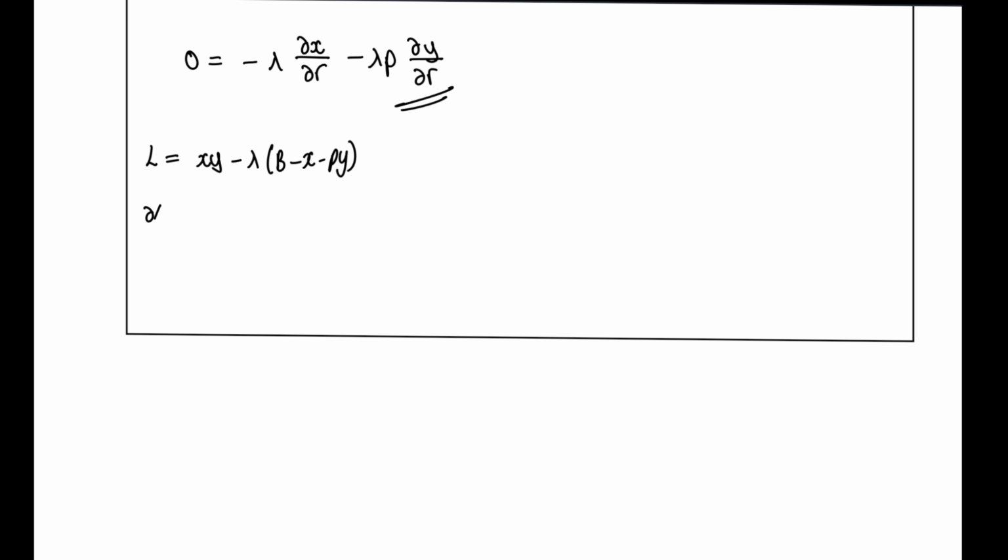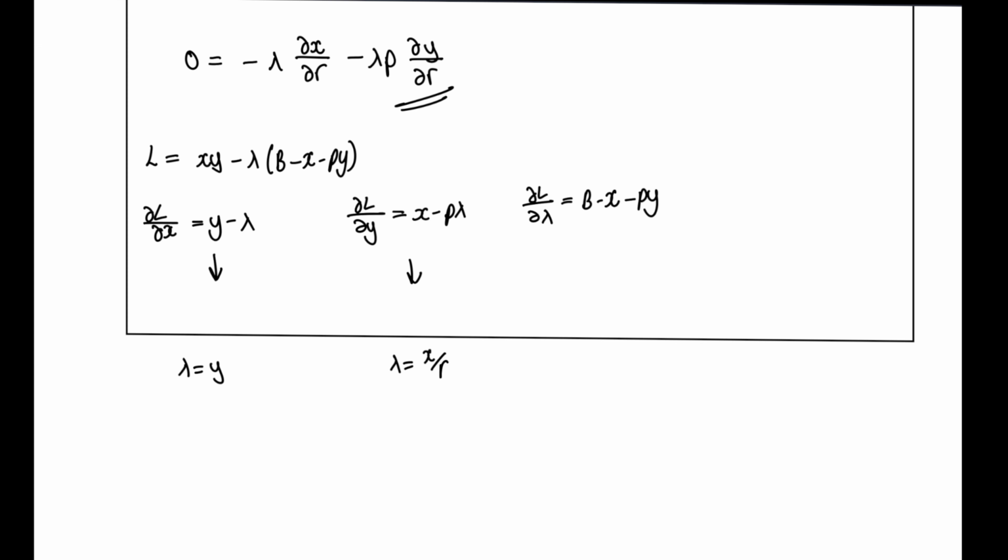It's a lot easier when we work out the first order conditions. So we get x minus p lambda over here, and then when we differentiate with respect to lambda, we get the constraint. So rearranging this, we get lambda is equal to y. Rearranging this, we get lambda is equal to x over p.